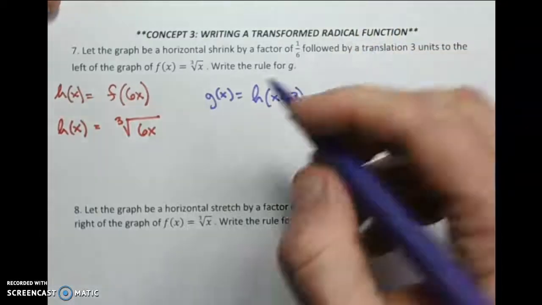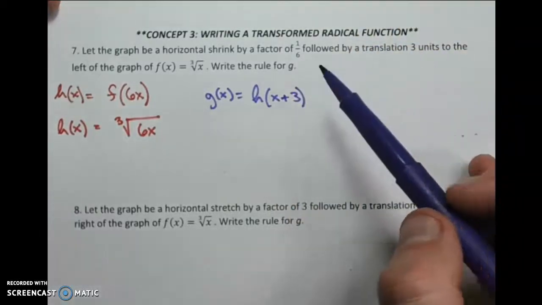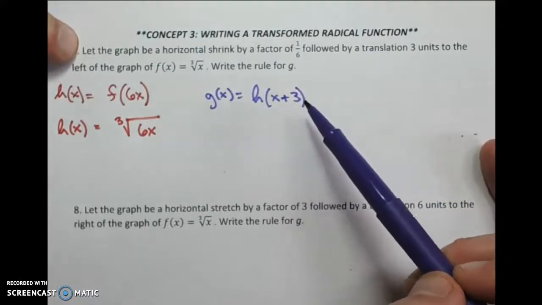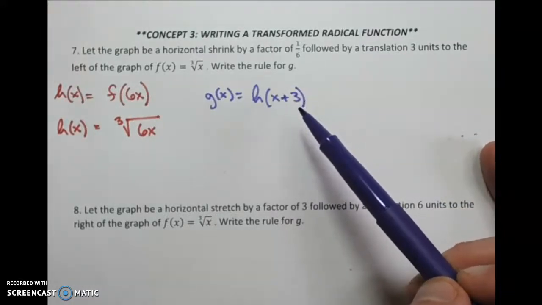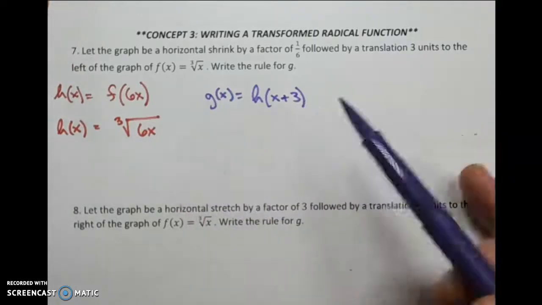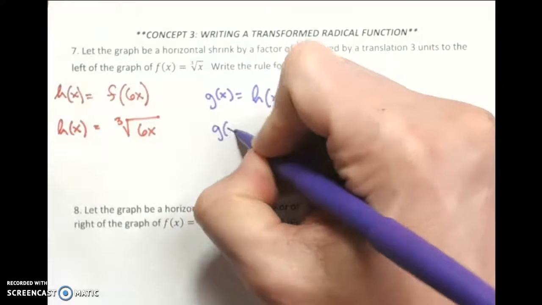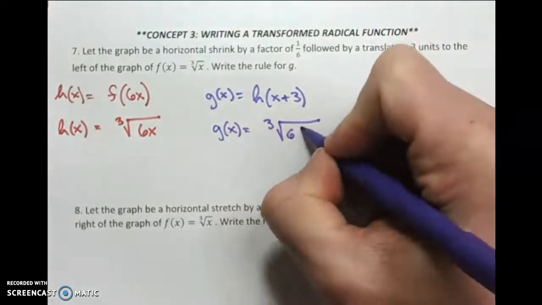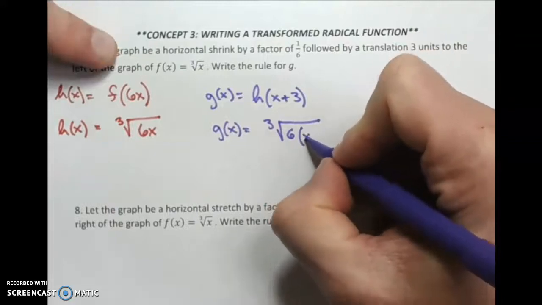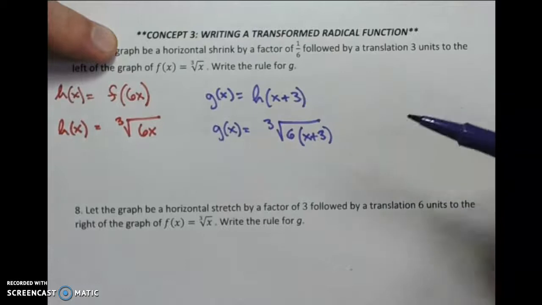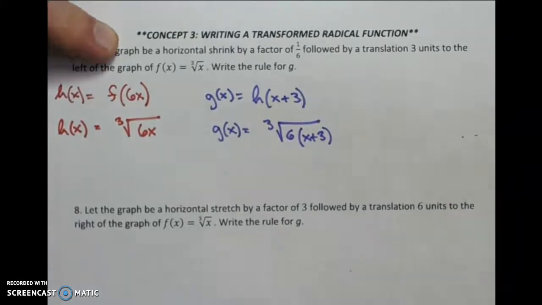Again, horizontal, shift 3 units left, and then since it's left, the counterintuitive part is actually plus 3 and not minus 3. And now I'm just going to replace x with the quantity of x plus 3. So g of x equals the cubed root of 6 times, now instead of x, the quantity of x plus 3. And now I look to simplify, and I can simplify in this case.